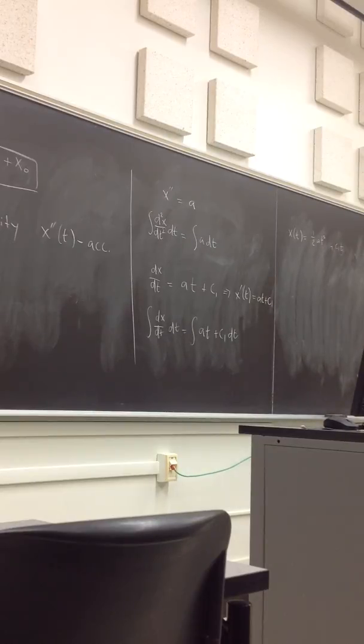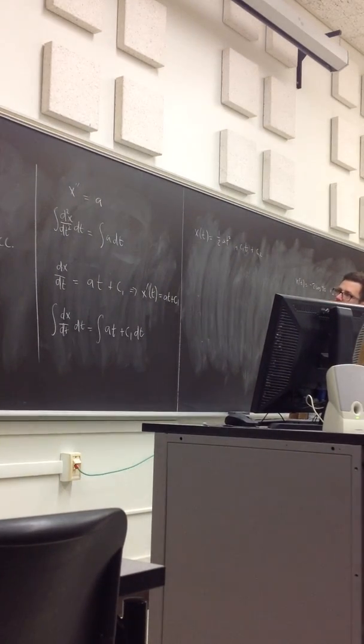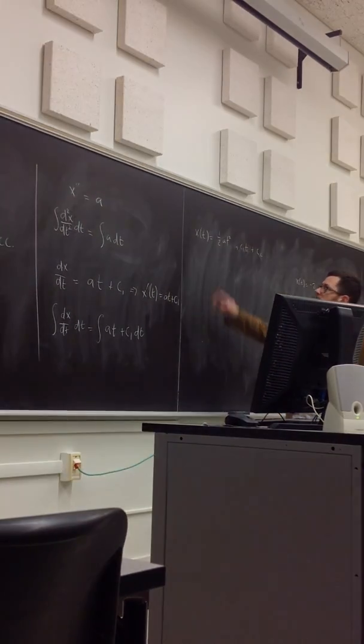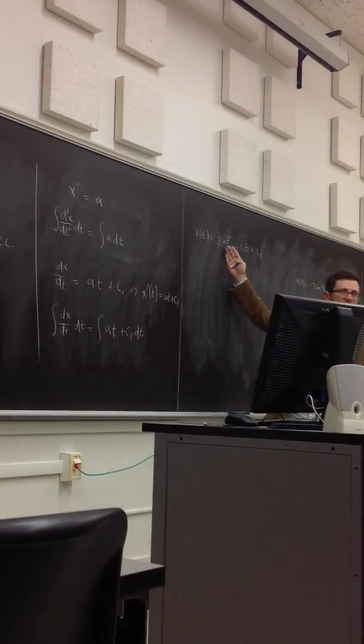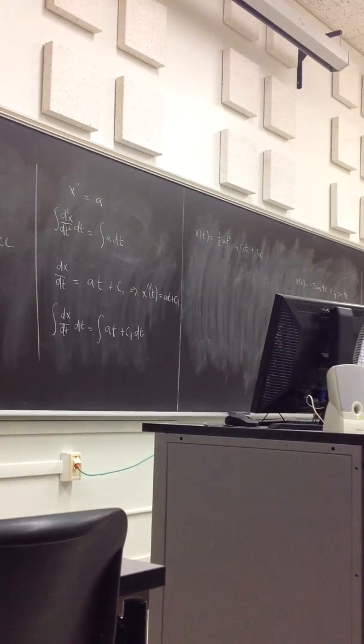Okay, and then introduce another constant plus c2. So this is going to be the form of the position function regardless of the initial conditions, right? It's always going to be 1/2 at squared, and then the rest of this will depend on the initial conditions. So let's determine c1 and c2 by substituting, so you can probably guess what we're going to find.